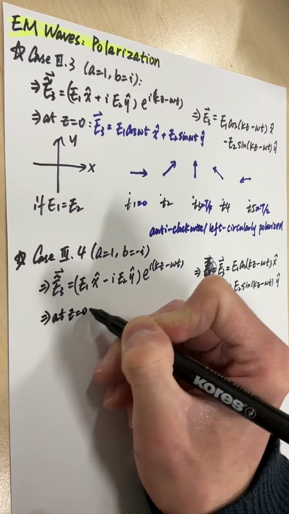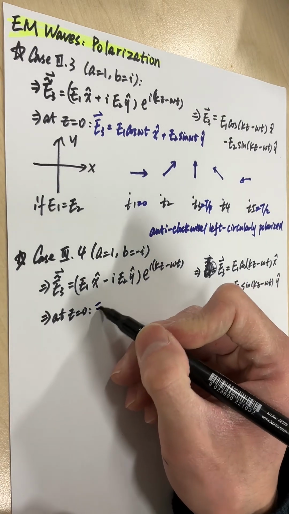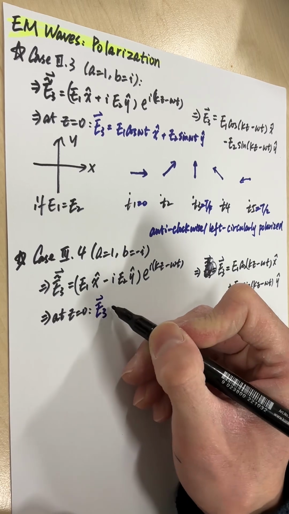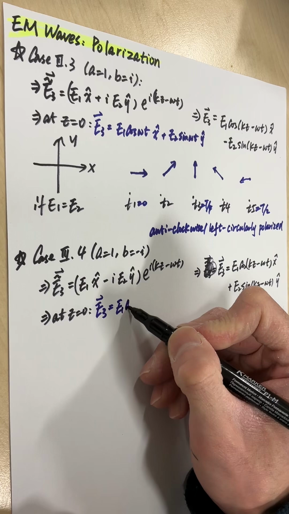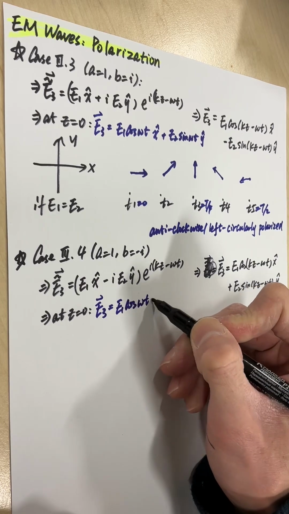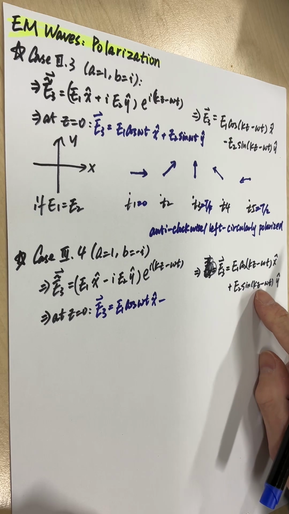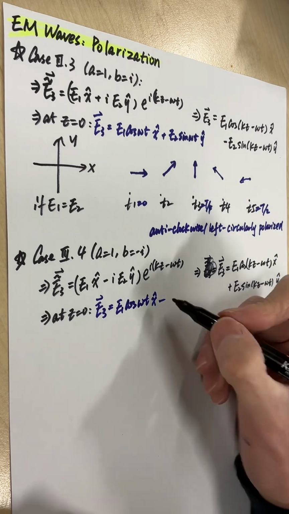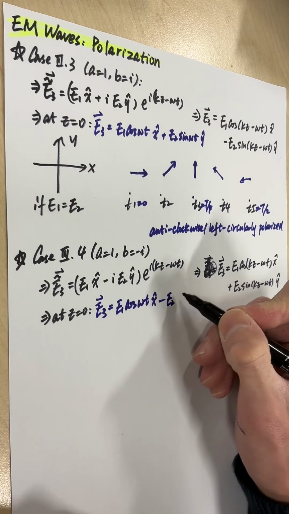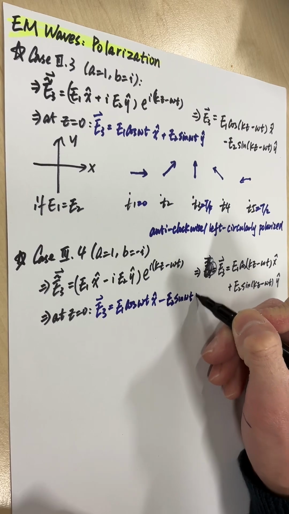Then at z equal to 0, we have E3 equals E1 cosine omega t in x, minus, so here we have z equal to 0, so we have a minus sign inside of the sine, we put it out, we have E2 sine omega t in the y direction.